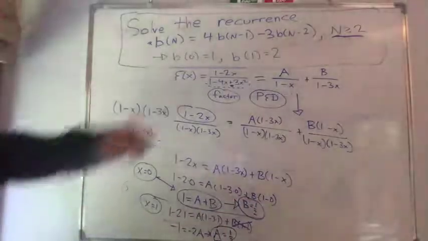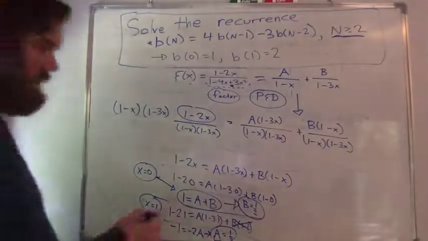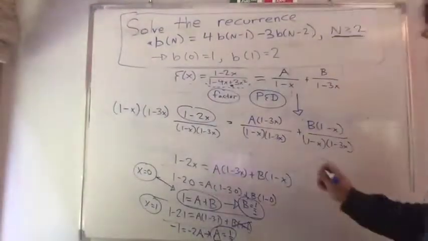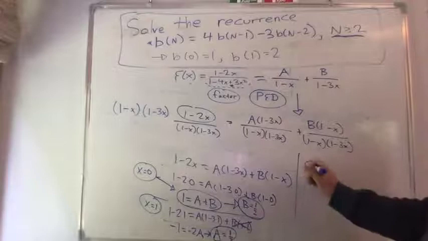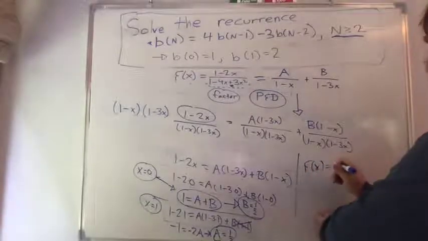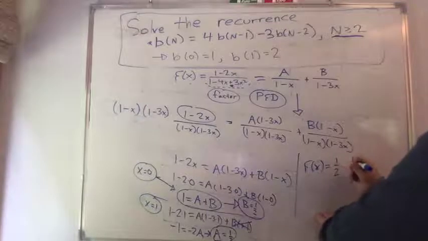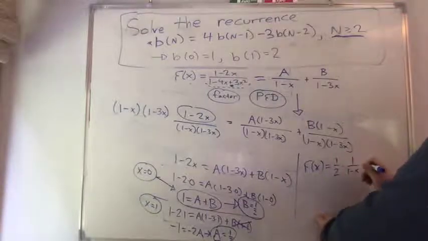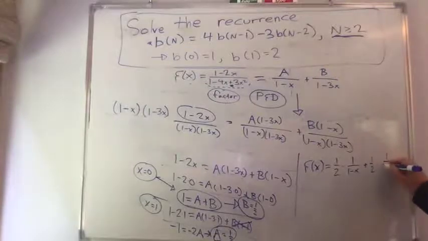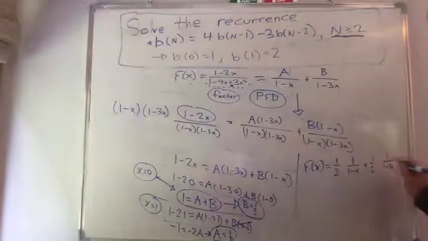So now what I have is that f of x is equal to one half times 1 over (1 minus x) plus one half times 1 over (1 minus 3x).